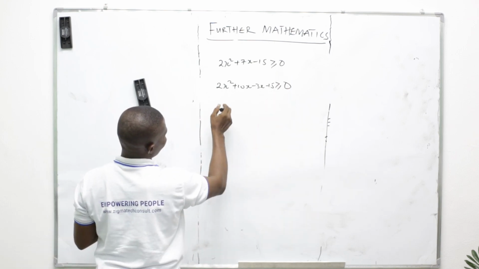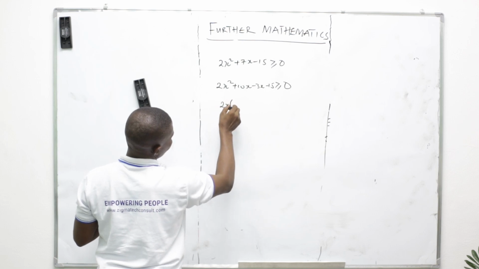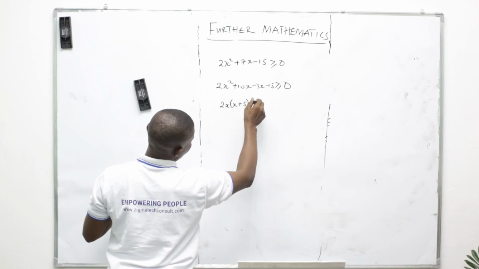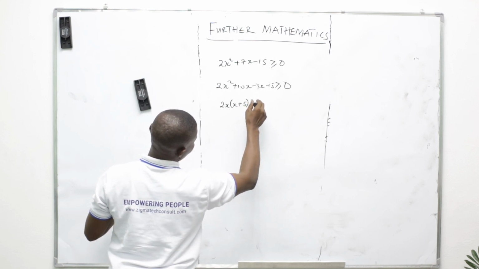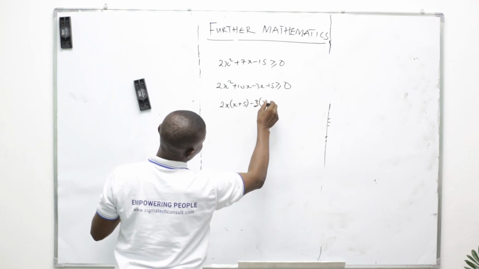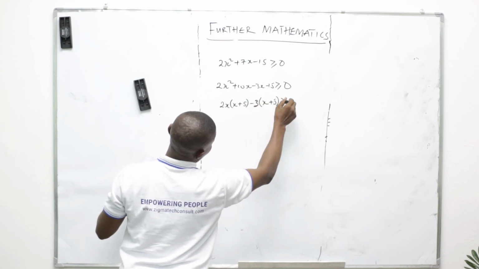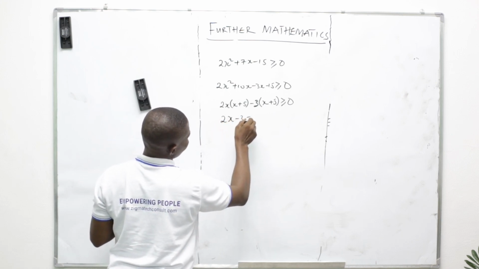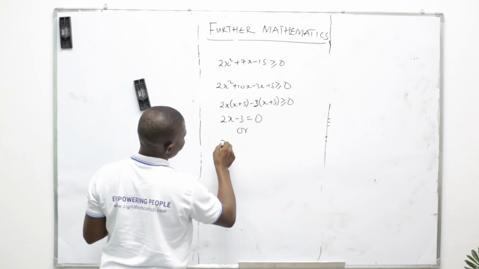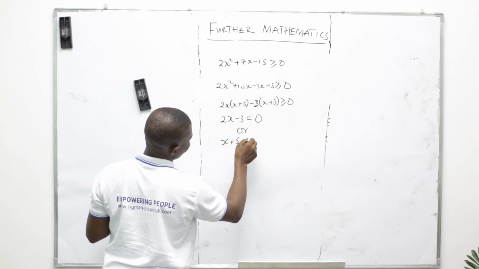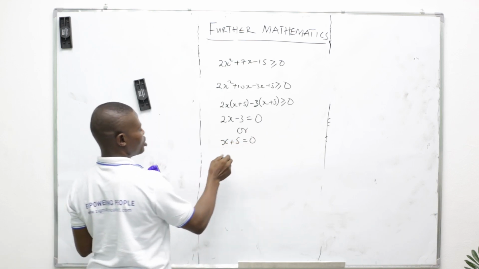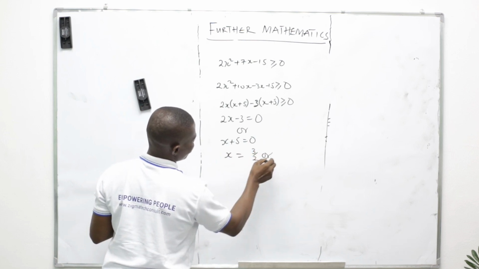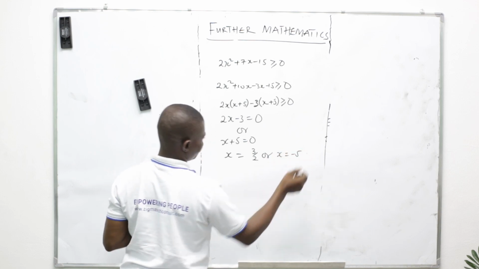So, we have 2s into s plus 5 minus 3 into s plus 5 is greater than or equal to 0, okay? Now, 2s minus 3 is either 0 or s plus 5 equals what? 0. It means that our answer will be s equals 3 over 2 or s equals minus 5.